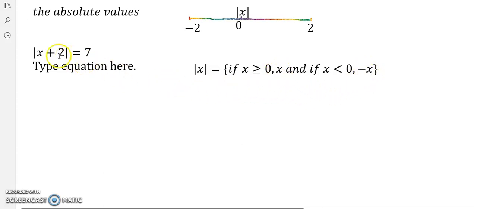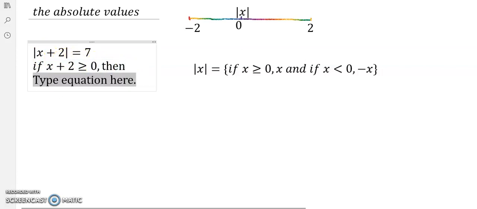Okay guys, similarly, here we got the absolute value of x plus 2 equal to 7, meaning that we're gonna have two solutions. The first case is when x plus 2 is greater than or equal to 0. All numbers that are greater than or equal to 0 are positive, meaning that the absolute value of x plus 2 will be positive.